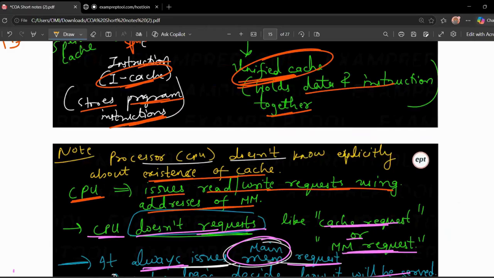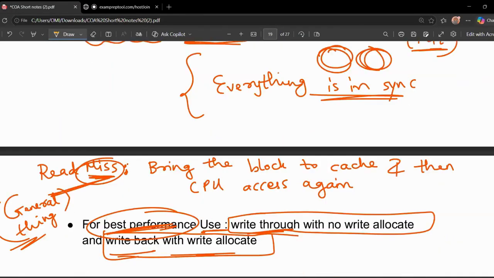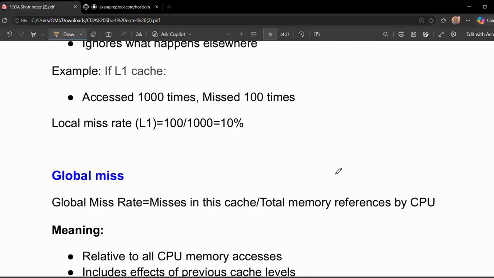So look here, what is the local miss? Local miss is the misses in this cache divided by the accesses to this cache.